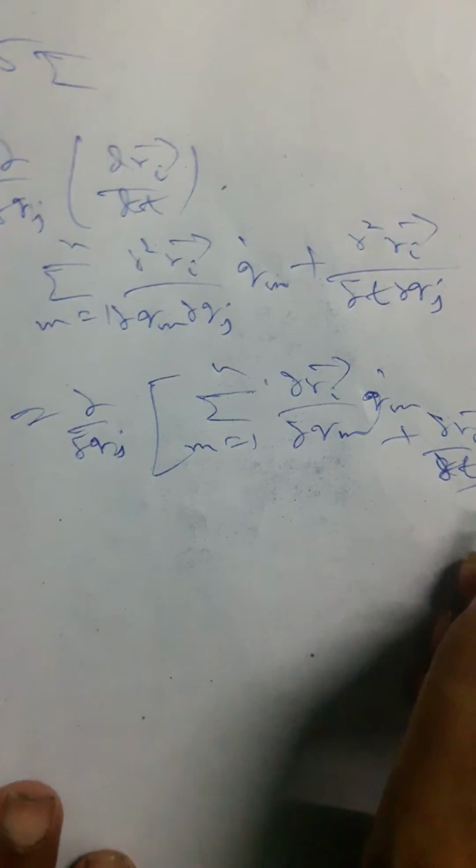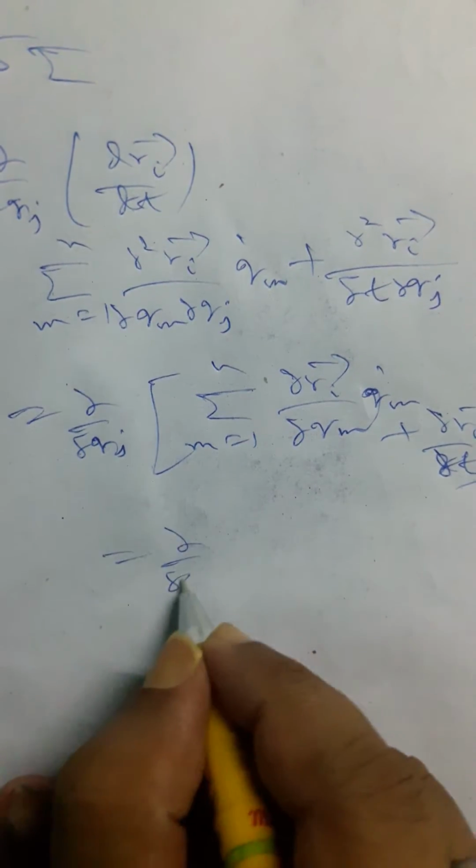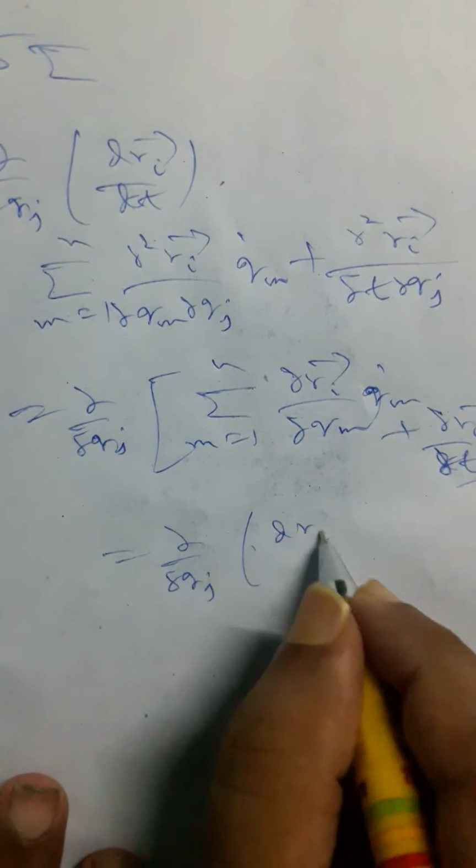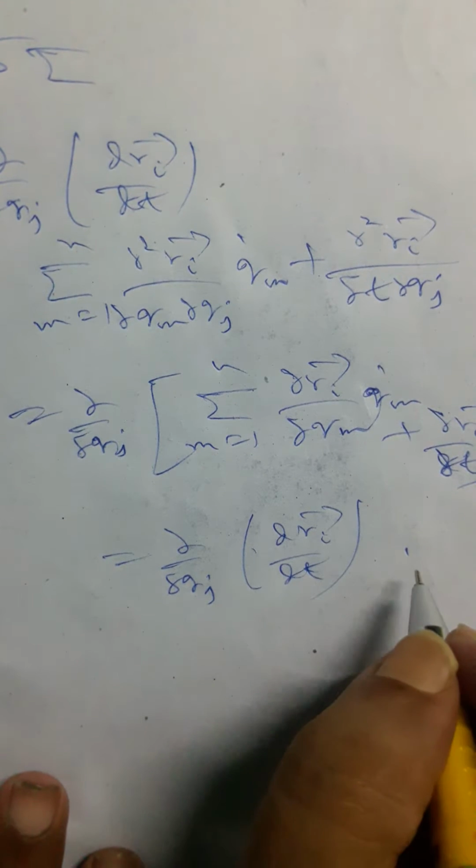So all these can be written as ∂/∂qj of dri/dt. Now prove the parts.